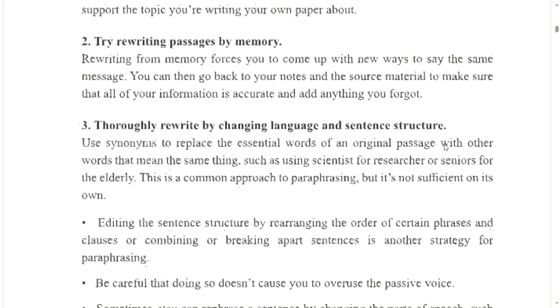Editing the sentence structures by rearranging the order of certain phrases and clauses, or combining or breaking apart sentences, is another strategy for paraphrasing. Be careful that doing so does not cause you to overuse the passive voice.